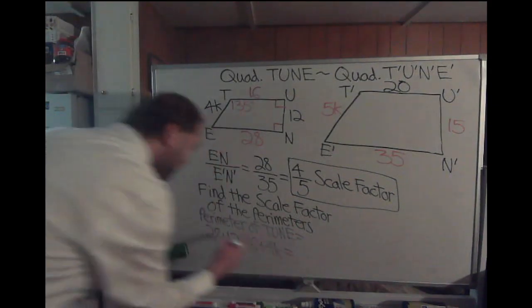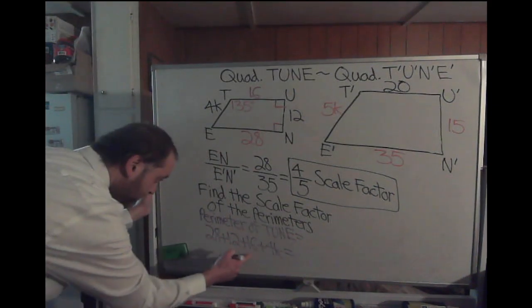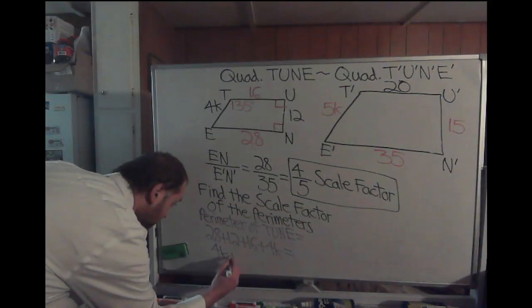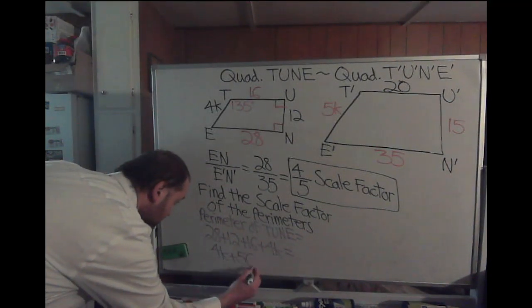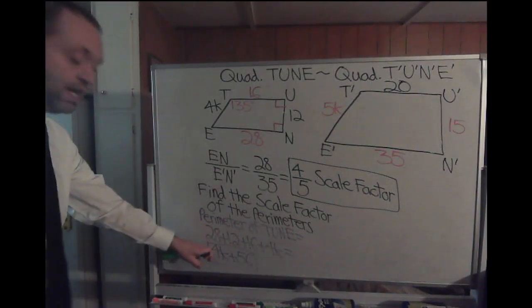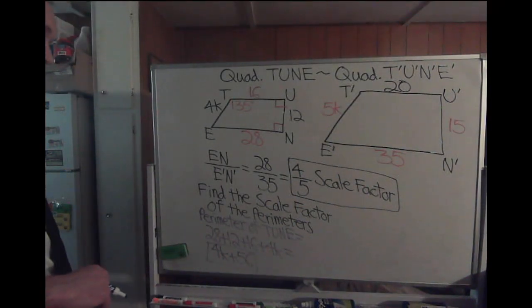Which means 40, 56, so you would end up getting 4K plus 56. So the perimeter of the first quadrilateral is 4K plus 56.